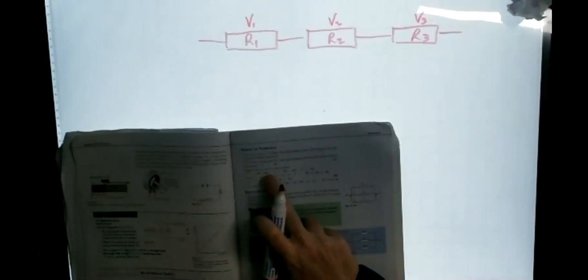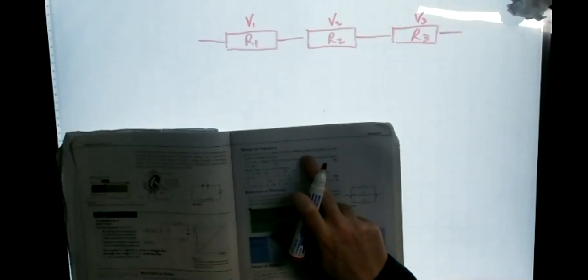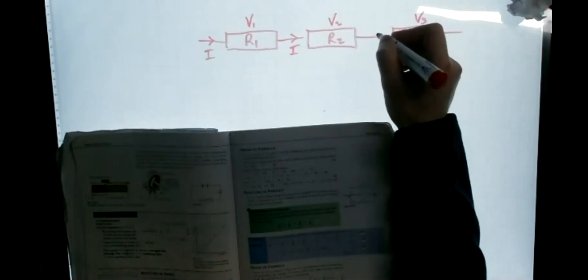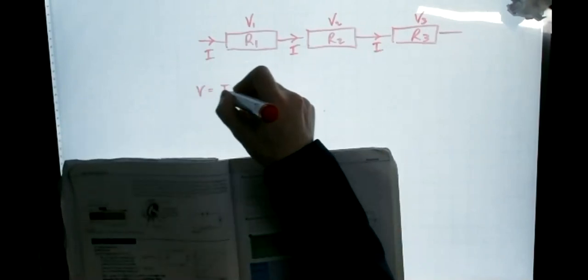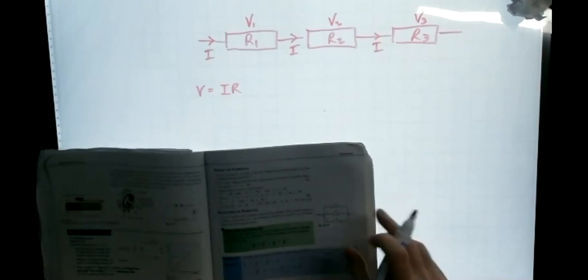Let V be the total voltage, and let the current through each be I. The same current I flows through each of the three resistors. So we apply Ohm's law to each resistor.